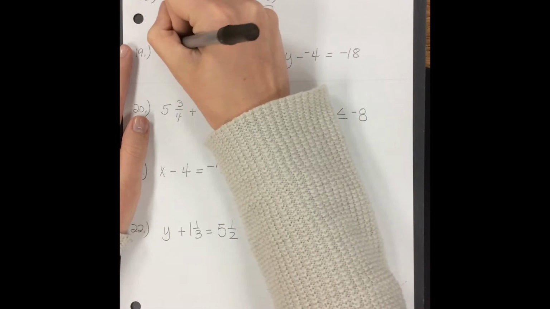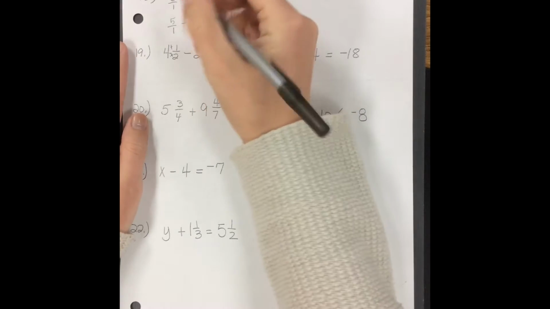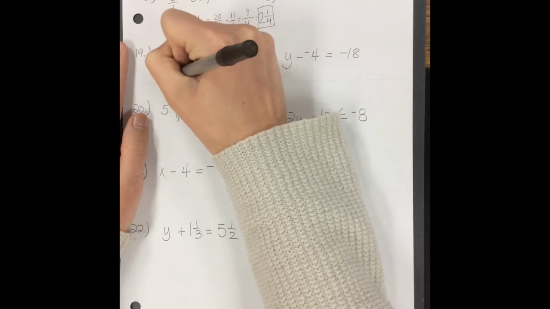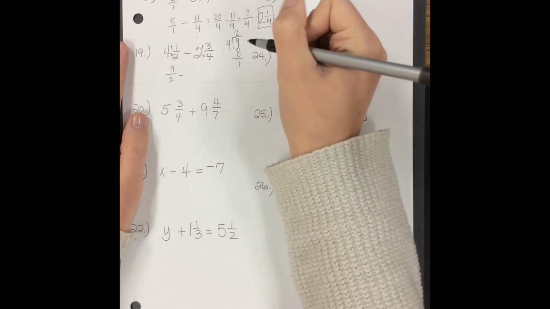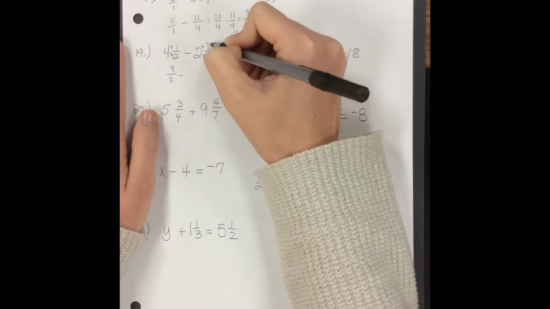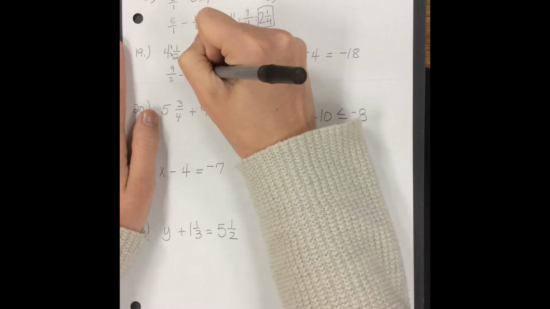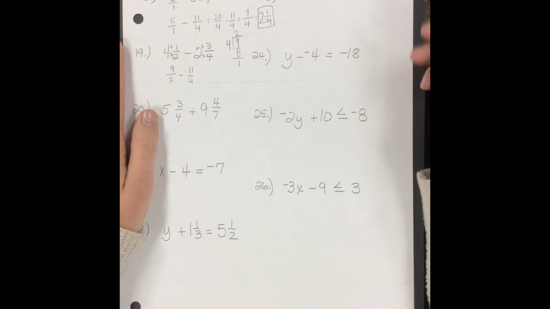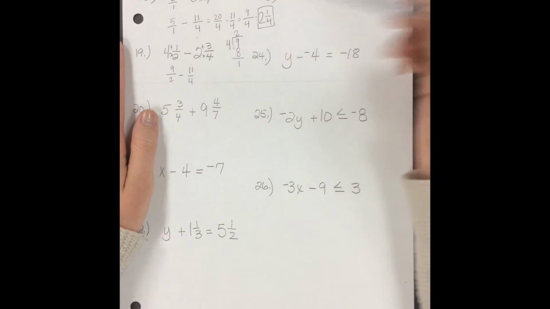Change these to improper fractions using popcorn. 4 times 2 is 8, plus 1 is 9. 9 over 2 minus, okay, so here's another 4 times 2 is 8, plus 3 is 11. All right, these were the same fractions.